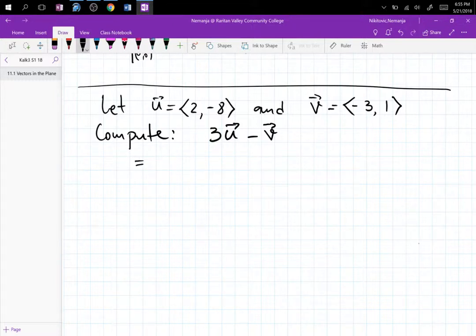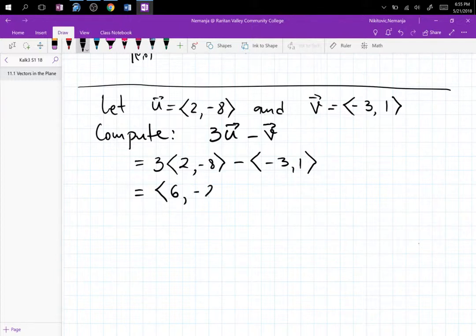I'm going to write this as 3 times 2, -8, minus -3, 1 vector, which is vector 6, -24, minus -3, 1.